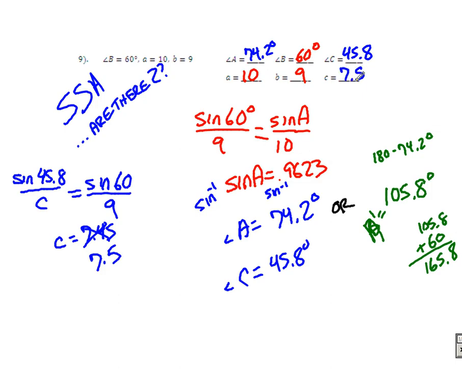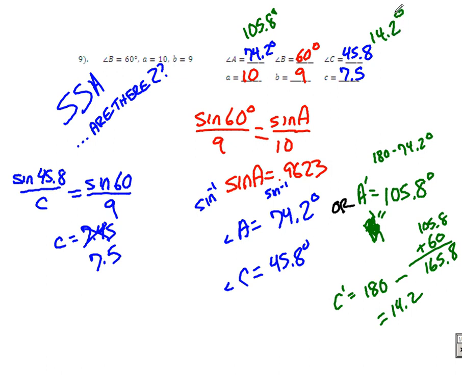So that's our first triangle all there in blue. What I'm doing in green is the second triangle. We said the second angle A prime equaled 105.8 degrees. When that's the case, we would find C prime would be 180 minus 165.8, which should be 14.2 degrees. So that's our other possibility here.